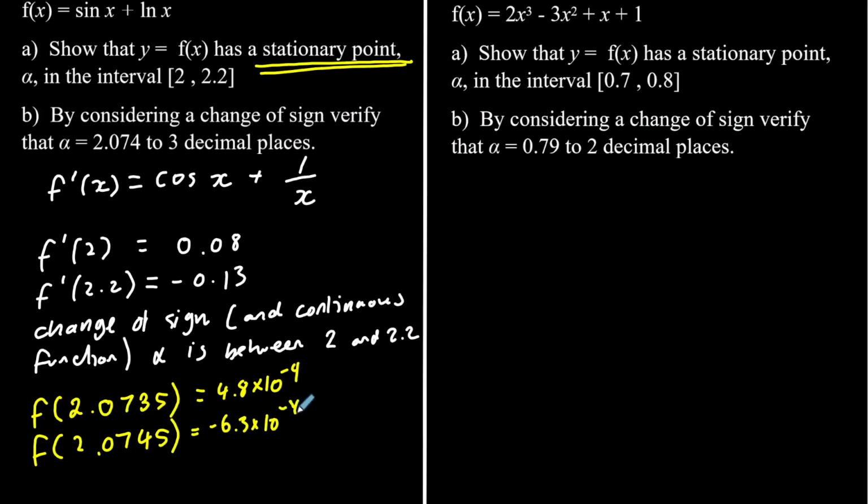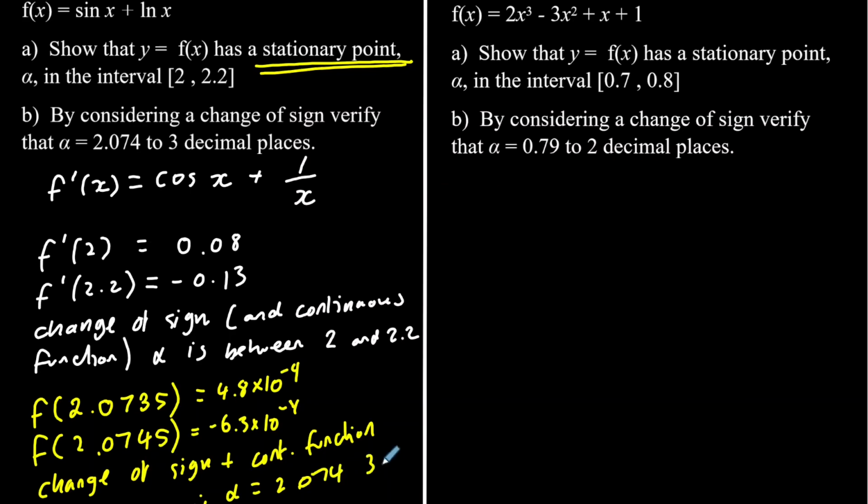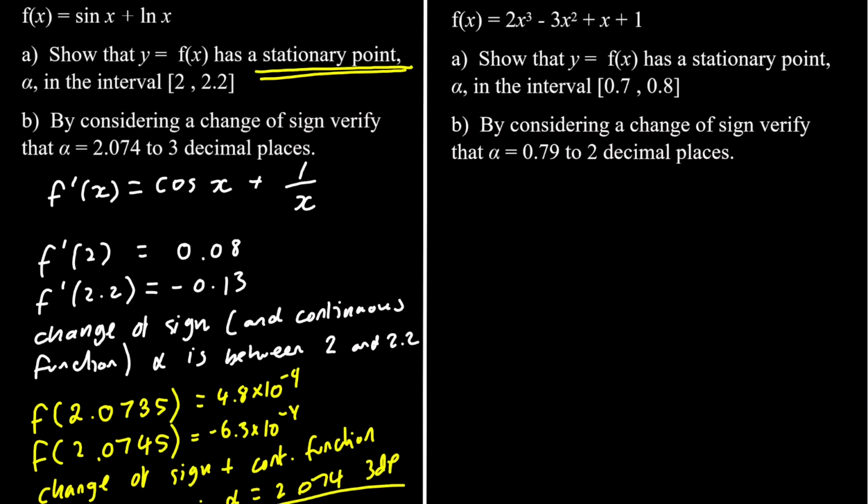So again, we've got the change of sign, and it is a continuous function. Therefore, alpha is 2.074 to 3 decimal places. And a question for you to try, see if you can give it a go.